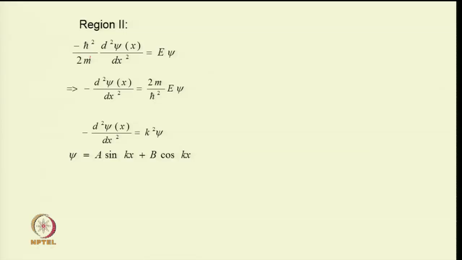So, minus h cross square by 2m d2 psi x by dx square is equal to E psi, and if I take these 2 to this side, what I will get is minus d2 psi x by dx square is equal to 2m in the numerator divided by h cross square into E psi.